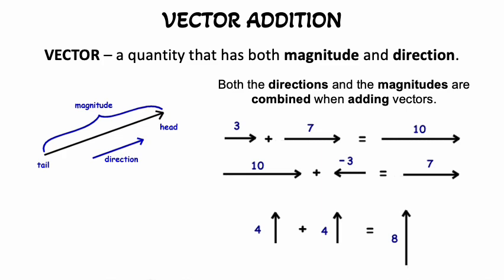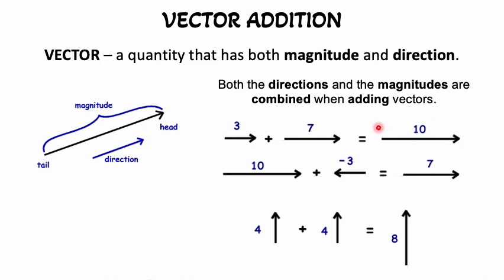How about the direction? The direction is represented by the sign. So here in this first example, 3 lang ang magnitude niya, so the length of the arrow is short, plus 7, so it is much longer. You just need to add them. So 3 plus 7 is 10.